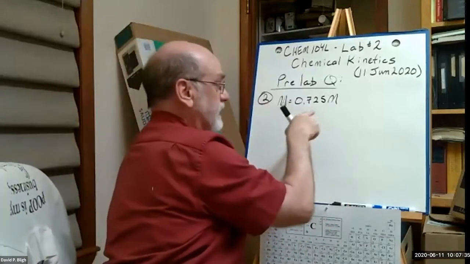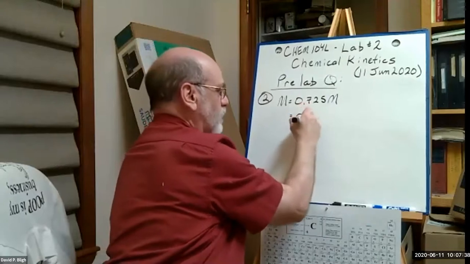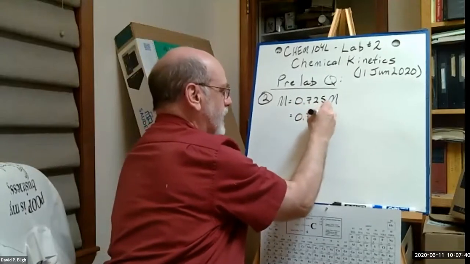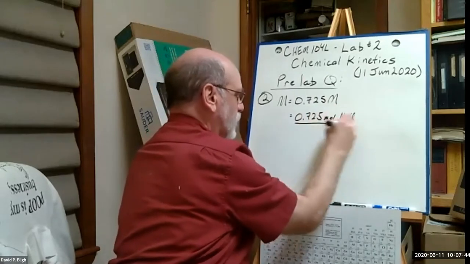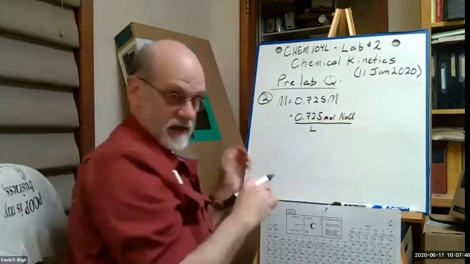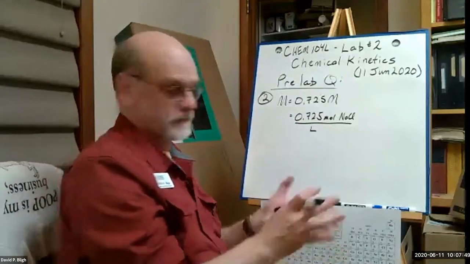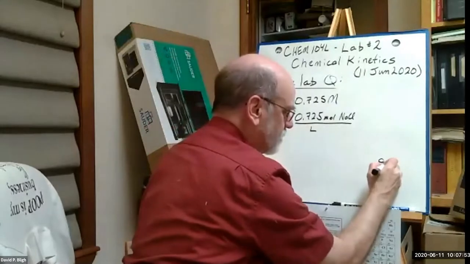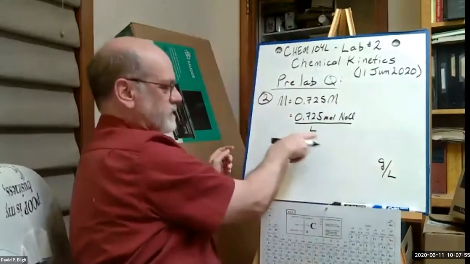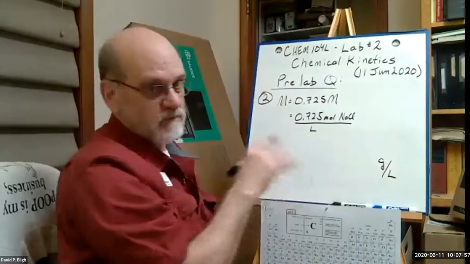So what does that mean? That means 0.725 moles per liter. We've got a unit conversion problem. Right? So this is where we're at. That's where we're headed. Right? Liters, don't need to change it.